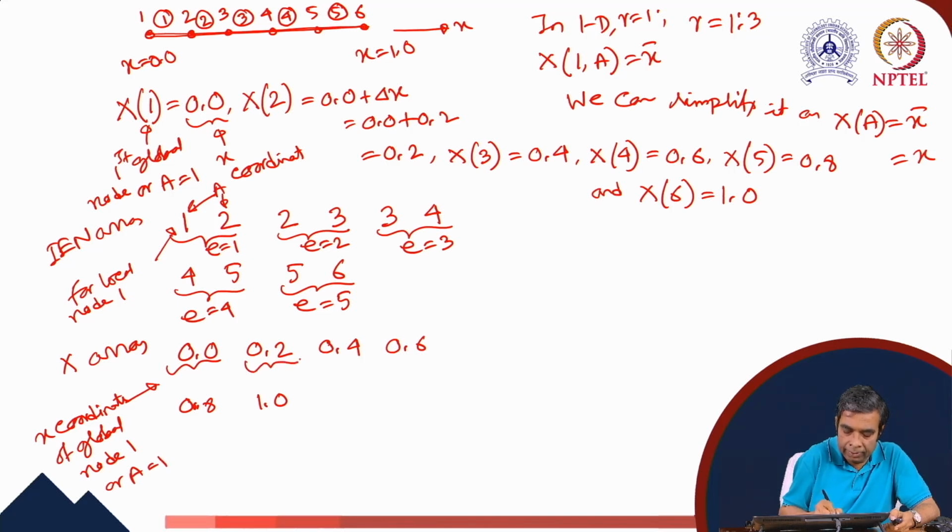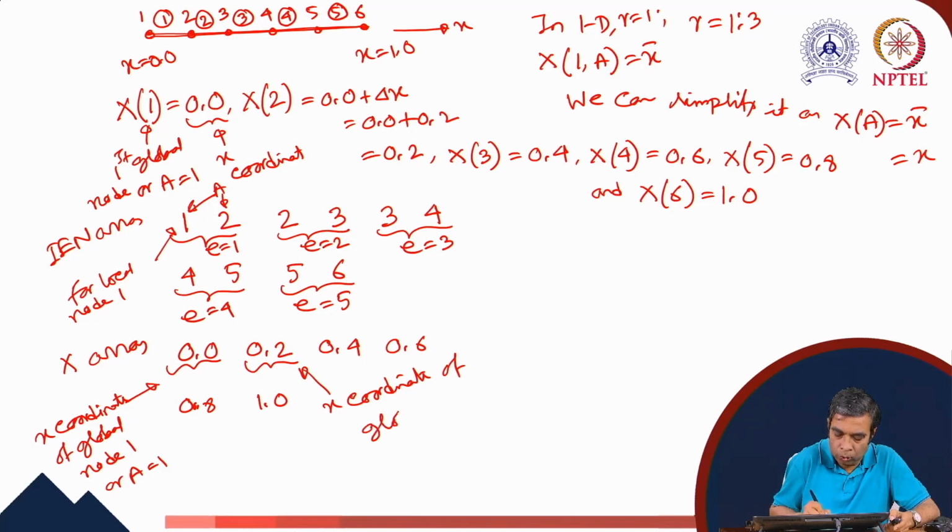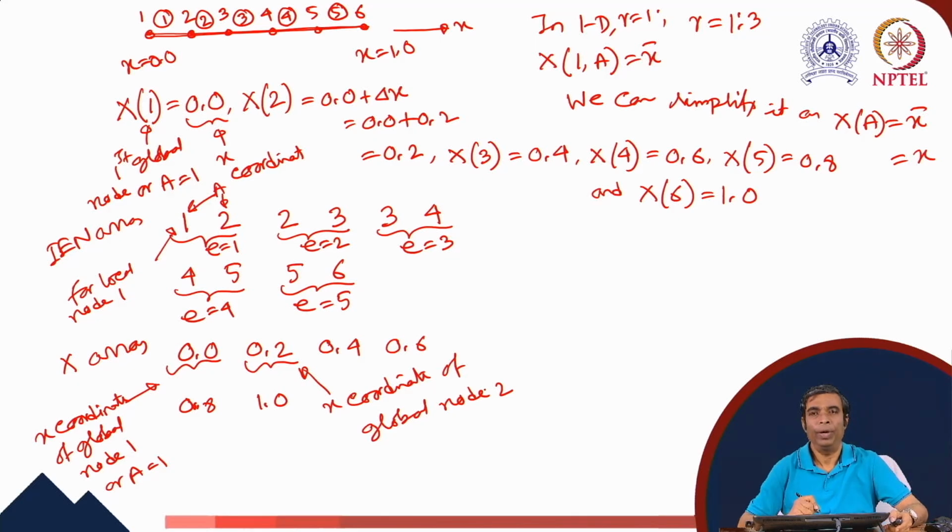Similarly, this is the x coordinate of global node 2. It means that we need the global coordinate data of all the nodes and then the connectivity relationship. Then when we plot it, we can see it.